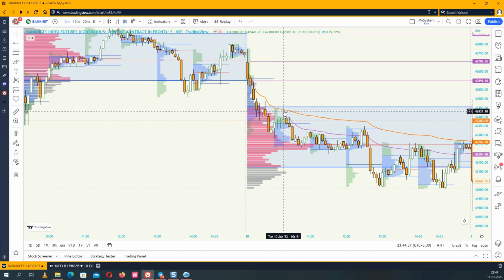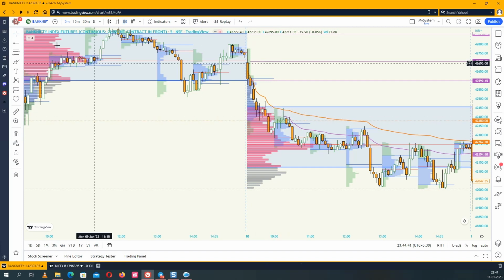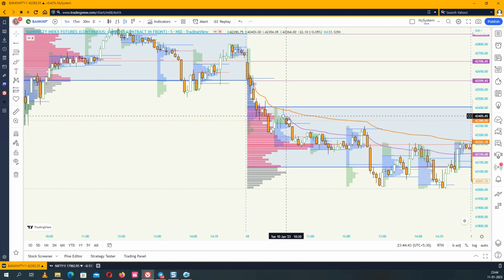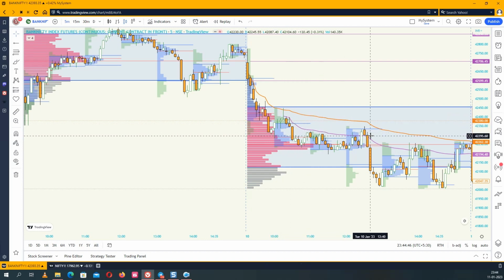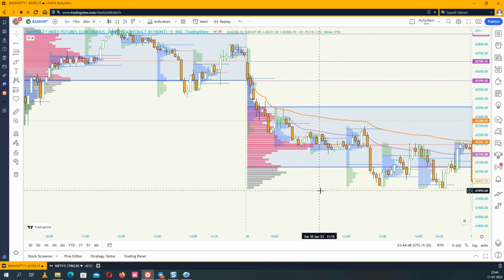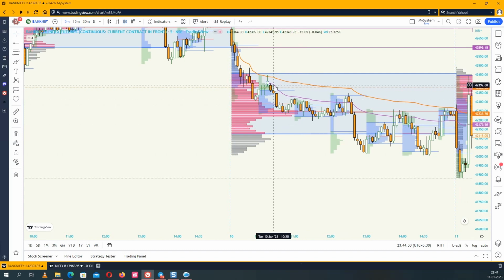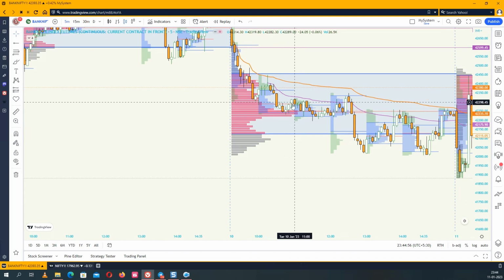right? Whenever I see such a rejection, I simply draw another anchored VWAP from here. You are seeing here again another small imbalance to the downside, and after reaching that, the market starts balancing here, correct?